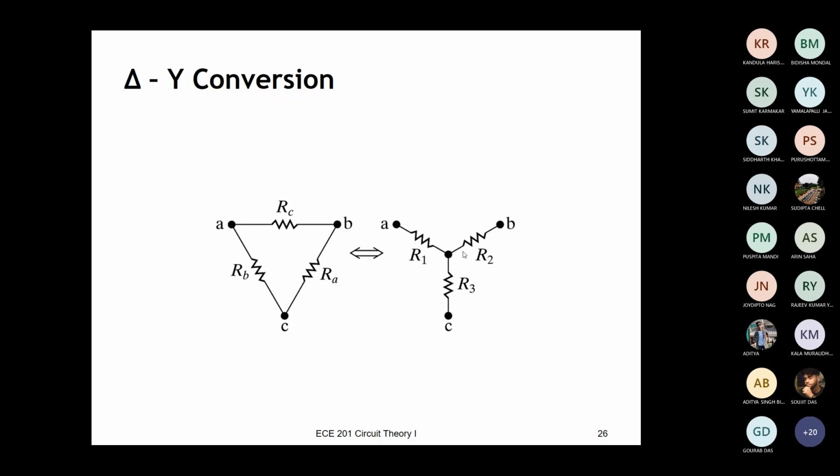For that we'll use this conversion, and we first have to prove it: how we can relate R1 with RC, RB and RA, and similarly the other way around. If you want to convert from delta to star, what is the approach? From star to delta, what is the approach? Once you get the formula, the relation between them, you can directly apply it during network reduction.